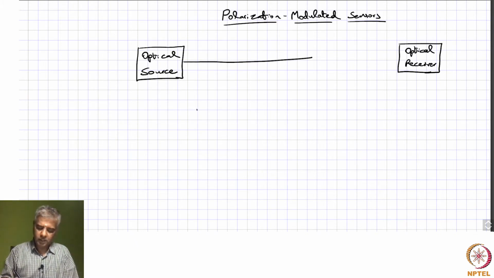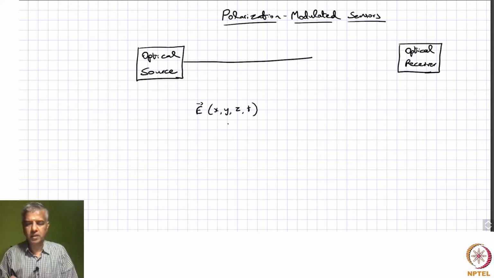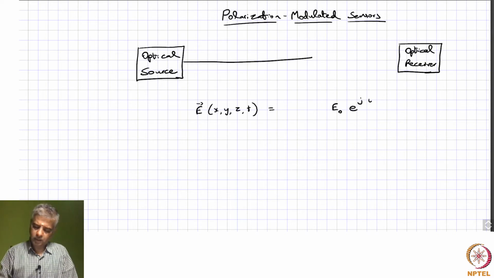And previously we saw that the electric field is a vector that can be expressed in x, y, z, those spatial coordinates, and then time. So we said it has a certain amplitude, and then you have an e power j(omega t minus beta z) term.